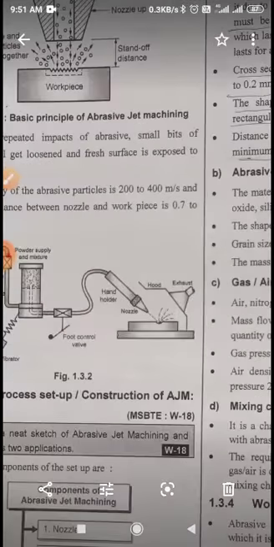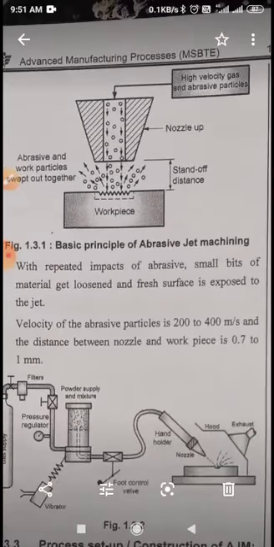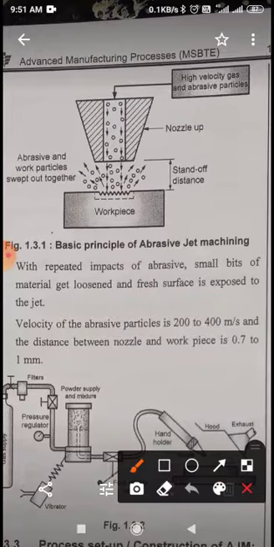Let's see this figure. You can understand the principle of working from that. Here you can see the nozzle, from which a gas and air mixture is passed and allowed to fall on the workpiece with very high velocity. Then by erosion action, it is removing the material, as you can see over there.